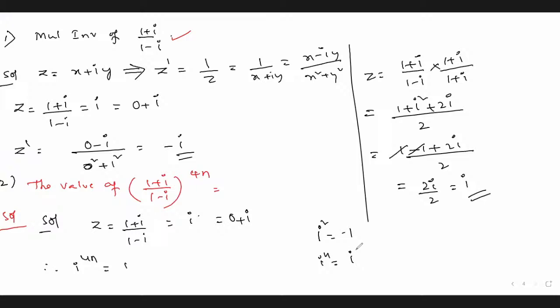I power 4 is equal to i square into i square, minus 1 into minus 1, which is equal to 1. Copy this one, or take a screenshot of this.